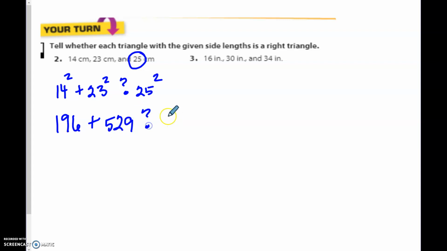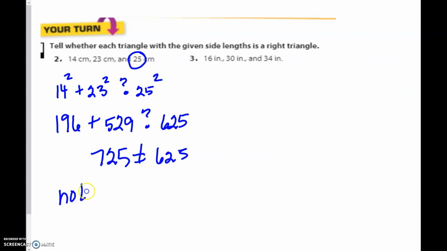And how does that compare to 625? Well, 196 plus 529 is 725. Is that equal? So this is not a right triangle because they are not equal.